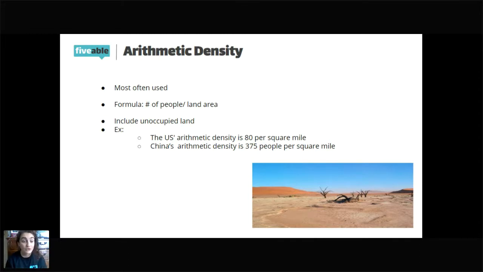That's more than 4 times our arithmetic density. So there are more people living in China per square mile than in the US. That tells us people are clustered together, living very closely together because of how many people are living per square mile.